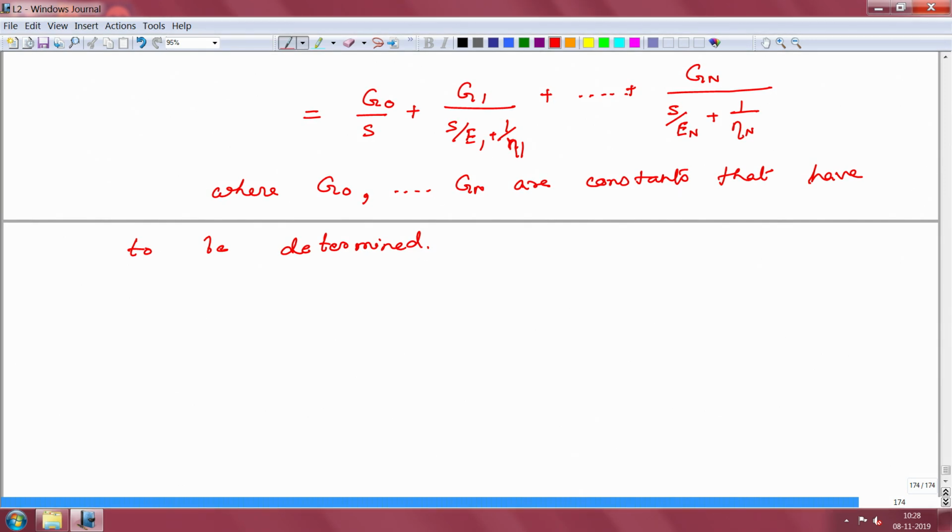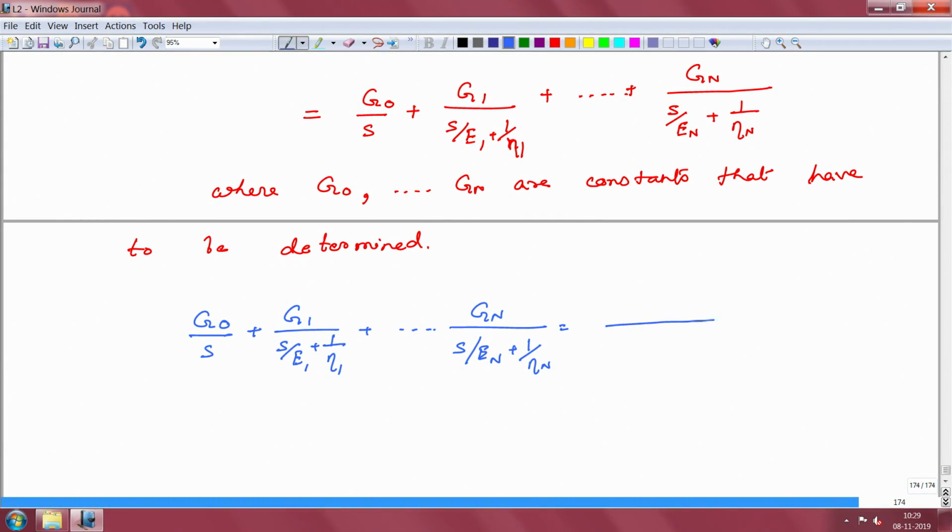So, how can you determine g naught till g n? Well, you can equate the two sides. What we are claiming is that these are the same, and this is the same as your epsilon naught.